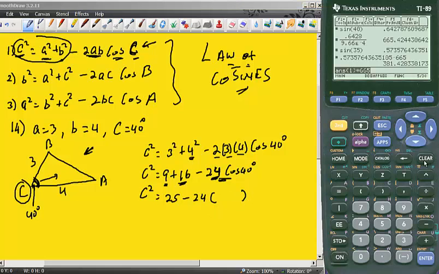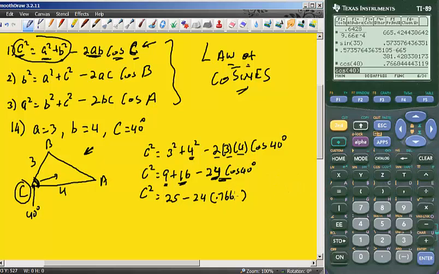So we find cosine of 40 degrees, and that turns out to be 0.7660.